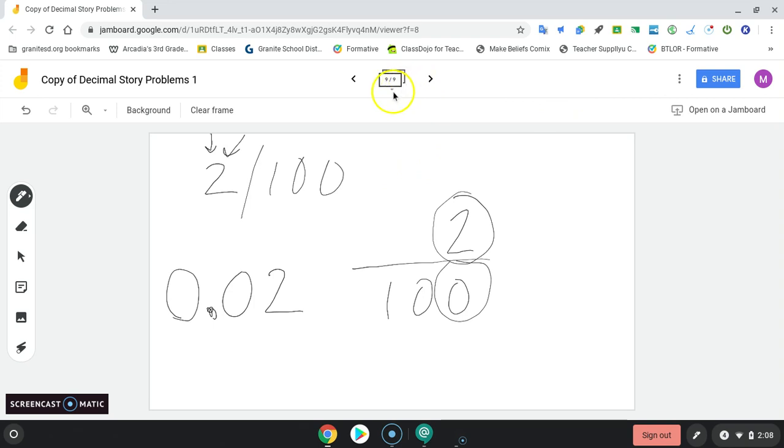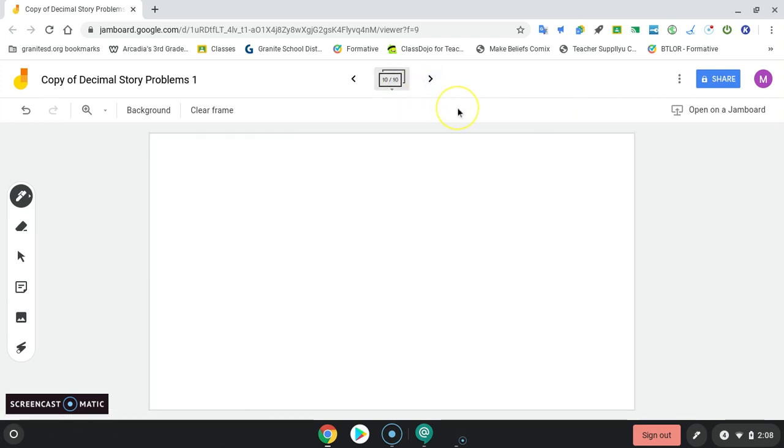All right, let's try another one like that. Say we had 9 hundredths. You would first put your decimal point. If you wrote a 9 here, it would be wrong, because this would be tenths, which would look like 0.9 or 0.90.